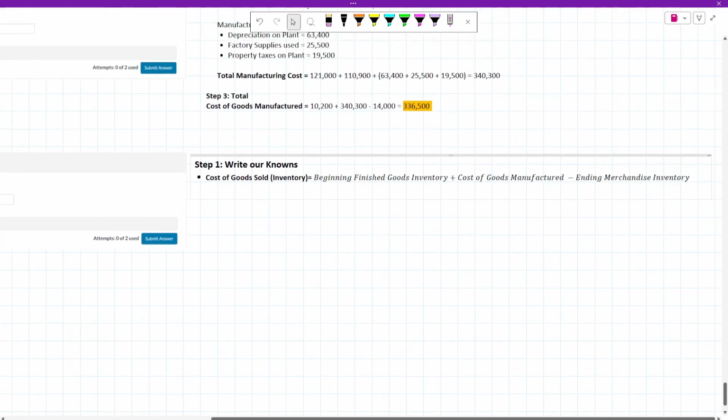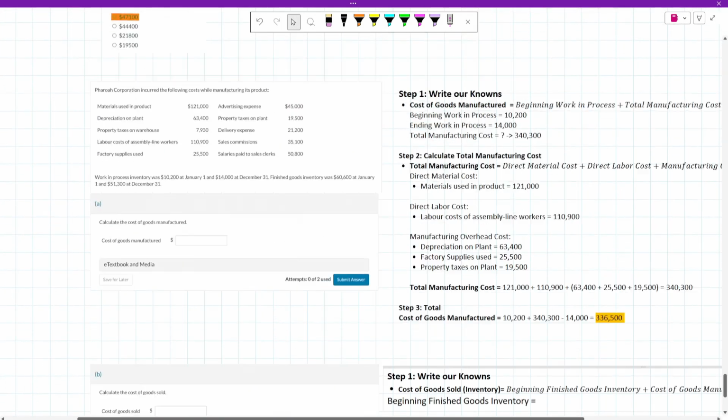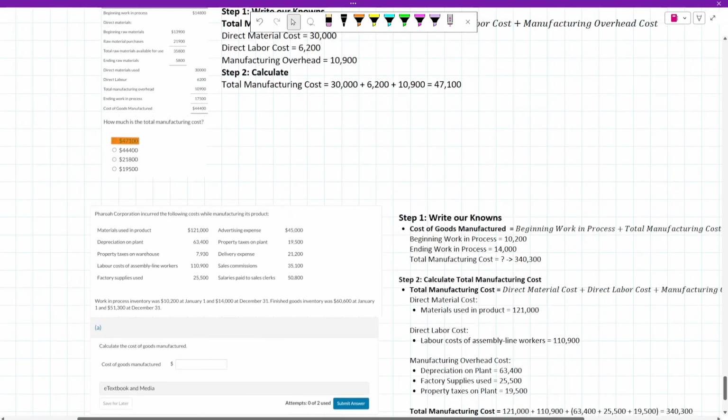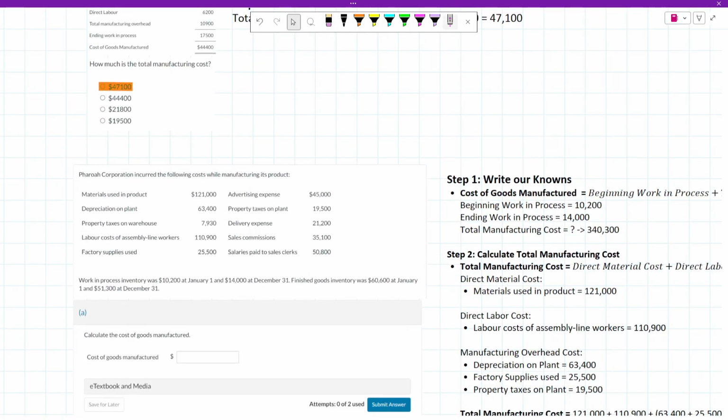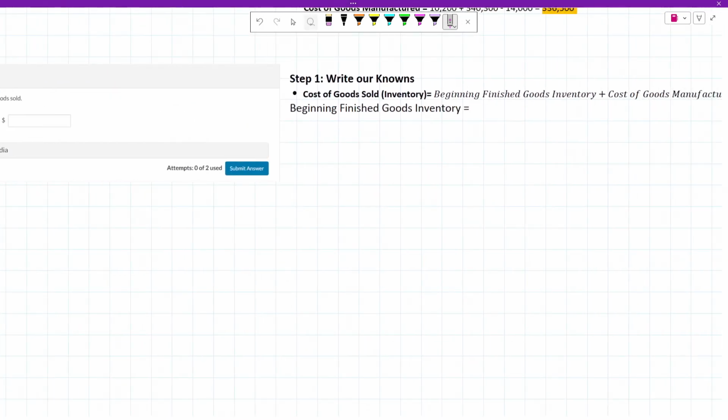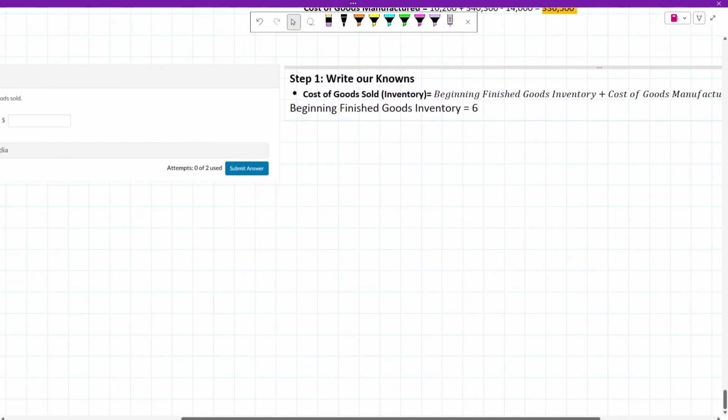Perfect. So the beginning finished goods inventory, we could find this at the bottom of our text. You can see here, finished goods inventory was 60,600 at January 1st. So let's write that down, 60,600.